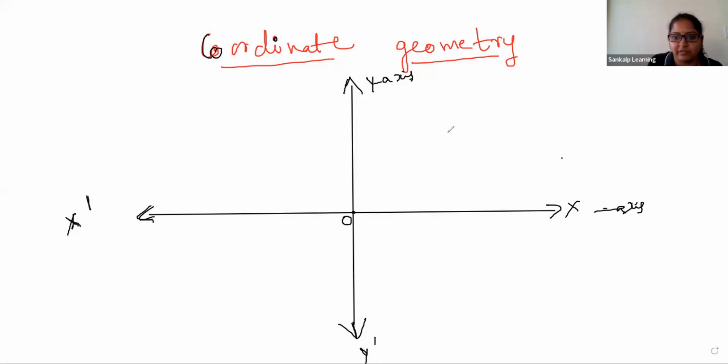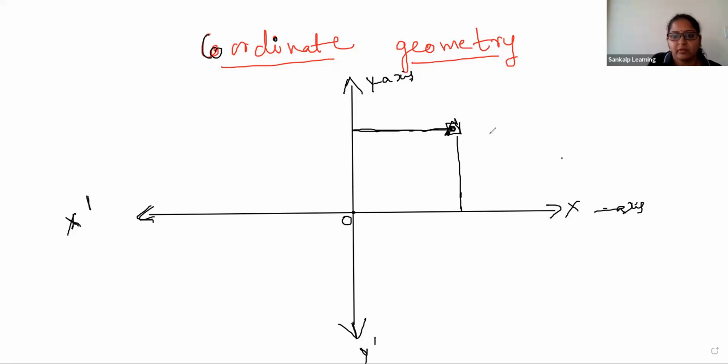See, for example, if you take a point here, a temple, a building, something is there. So how do we tell its landmark? Just we say how far it is from the x-axis and how far from the y-axis. What is the distance from x-axis and from y-axis. So to locate the point on the plane, coordinate geometry helps.